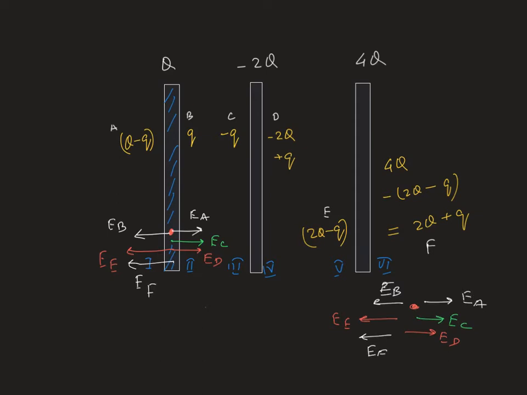And we can see that there are 3 fields towards left, 3 fields towards right, 6 fields in total.